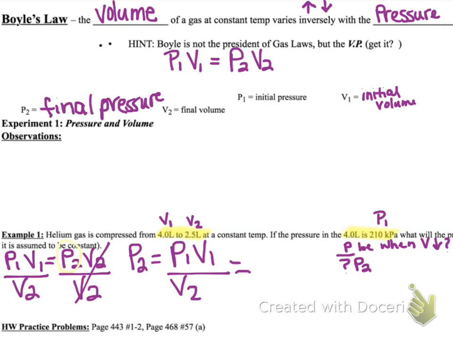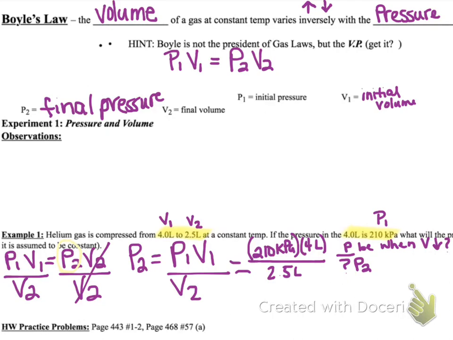So initial pressure, 210 kilopascals, multiplied by the initial volume, which is 4 liters, divided by the final volume, which is 2.5 liters. So when we do the math, let's get our calculators out.